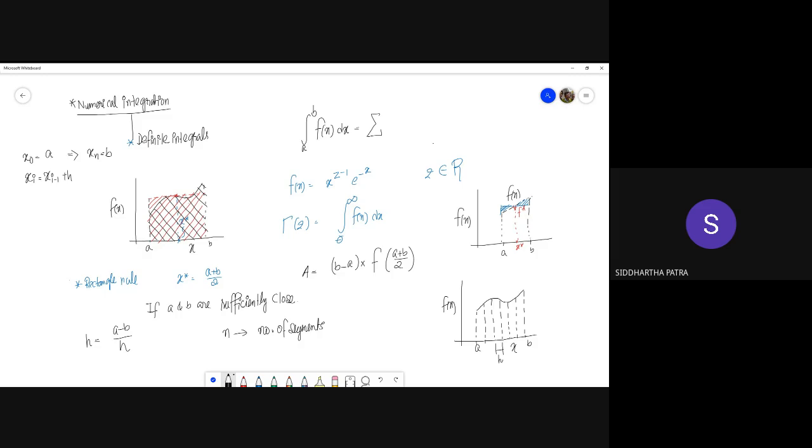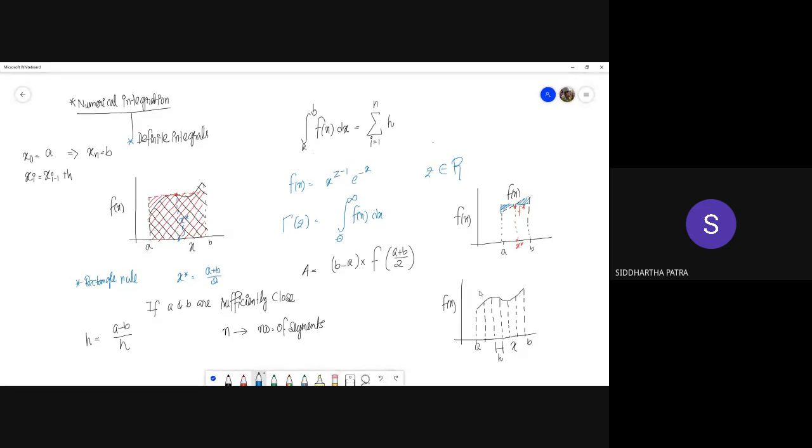Therefore we can represent this integration between a to b as the sum from i equals 1 to n of h times the function value, where h becomes the width of each rectangle. As you can see, we are talking about this set of rectangles here. Imagine I take the value at the midpoint and draw a rectangle like this.